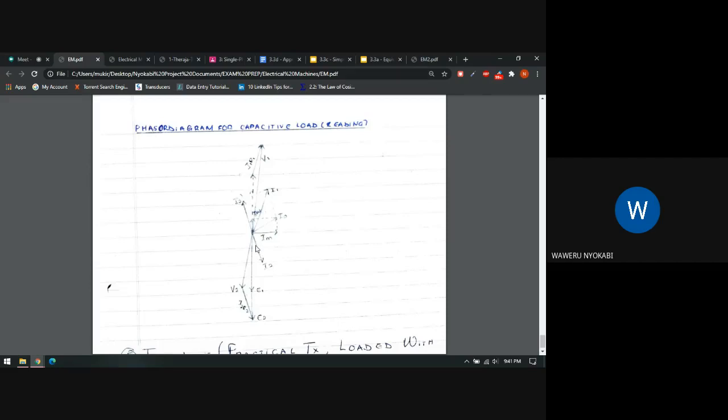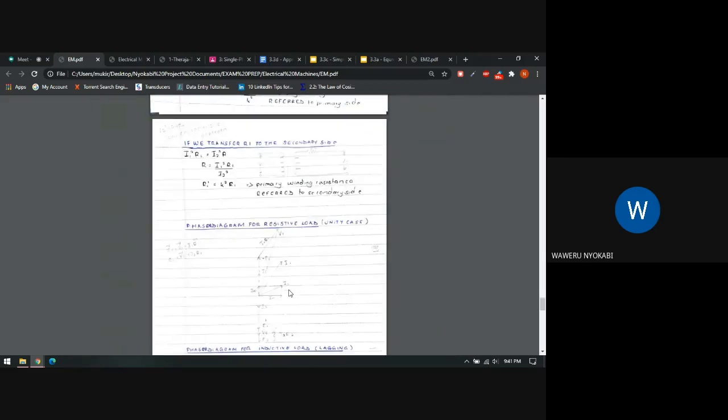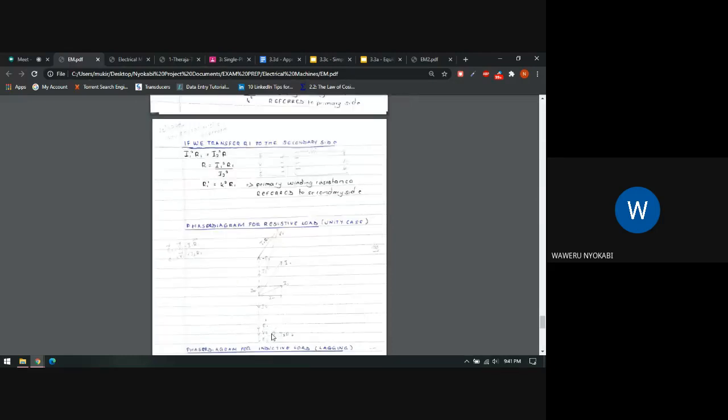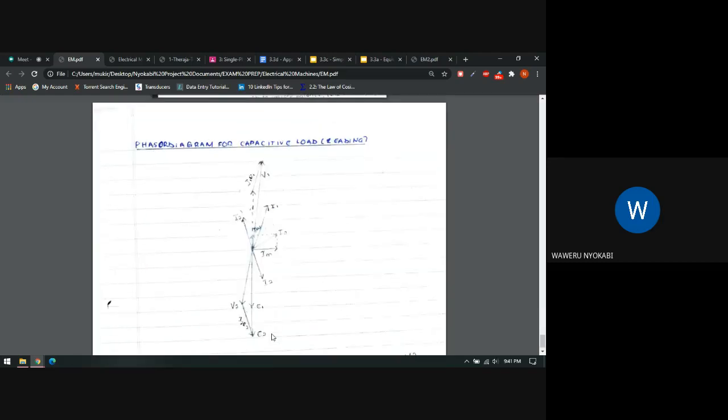Okay, so remember the equation, this one is important: E2 is equal to V2 plus I2R2, meaning V2 is equal to E2 minus I2R2. Remember that equation as we do this.